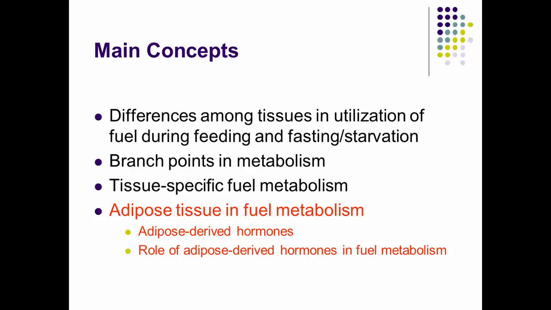The second thing is the branching points in metabolism. A branch point means a specific substrate that is very important because it connects multiple metabolic pathways. We're going to learn about this, and also specific fuel metabolism.